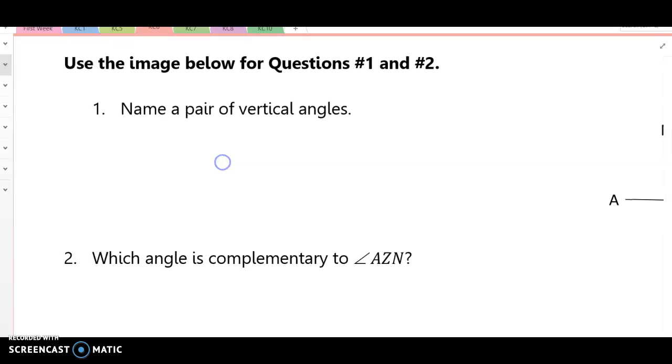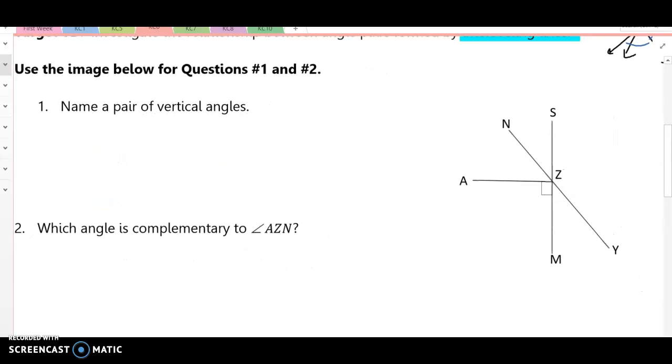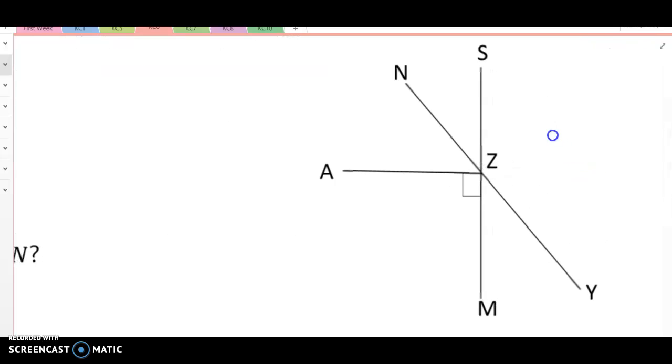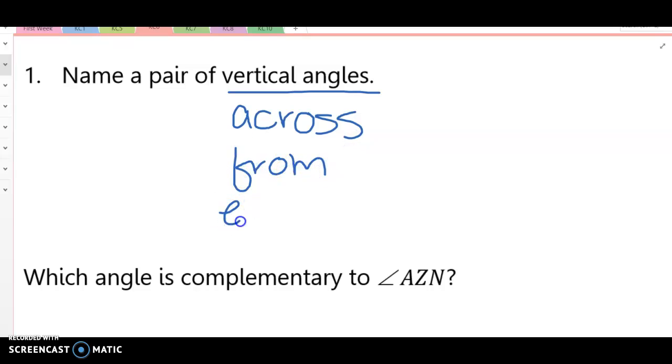So it says, use the image below for questions number 1 and number 2. So we're going to use this one over here. Name a pair of vertical angles. Vertical angles means they're across from each other.